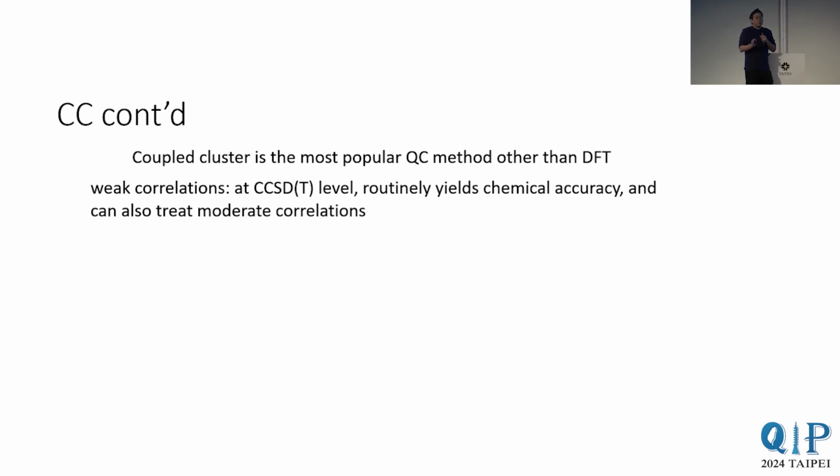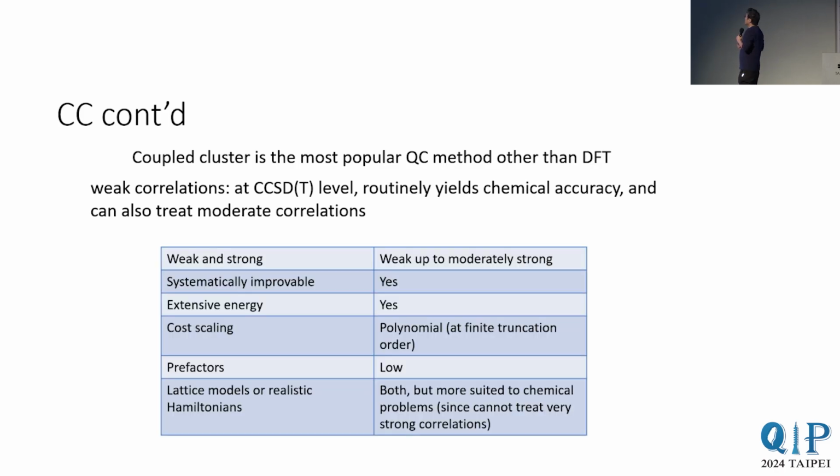And it can also treat moderately strong correlations. So it extends not just to weakly correlated systems, but it can also give reasonable descriptions of bonds breaking and things like that if applied in the right way. It has many nice characteristics: weak up to moderately strong, it's improvable, it has a polynomial cost, an OK prefactor, and can be applied very widely.